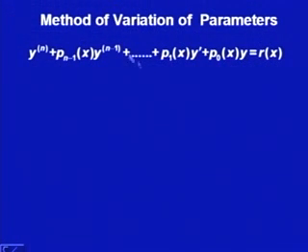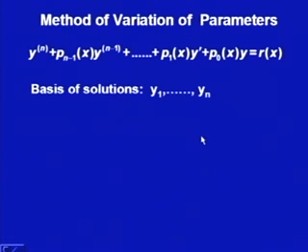That is, I may have a general non-homogeneous linear differential equation y^(n) plus P_(n-1)(x) y^(n-1) and so on plus P1(x) y' plus P0(x) y is equal to R(x), where P_(n-1)(x), P1(x), P0(x) need not be constants and R(x) need not be of any special form. Still this method is applicable.